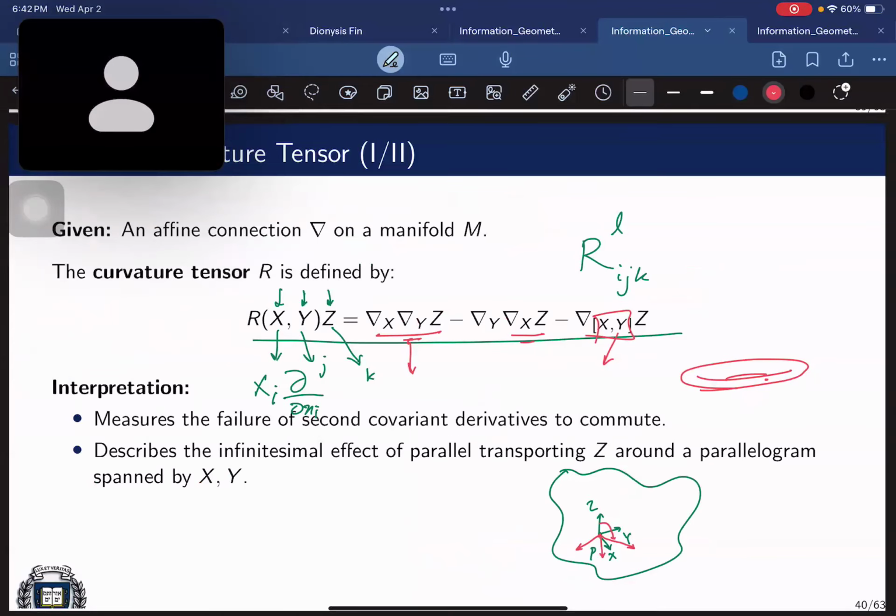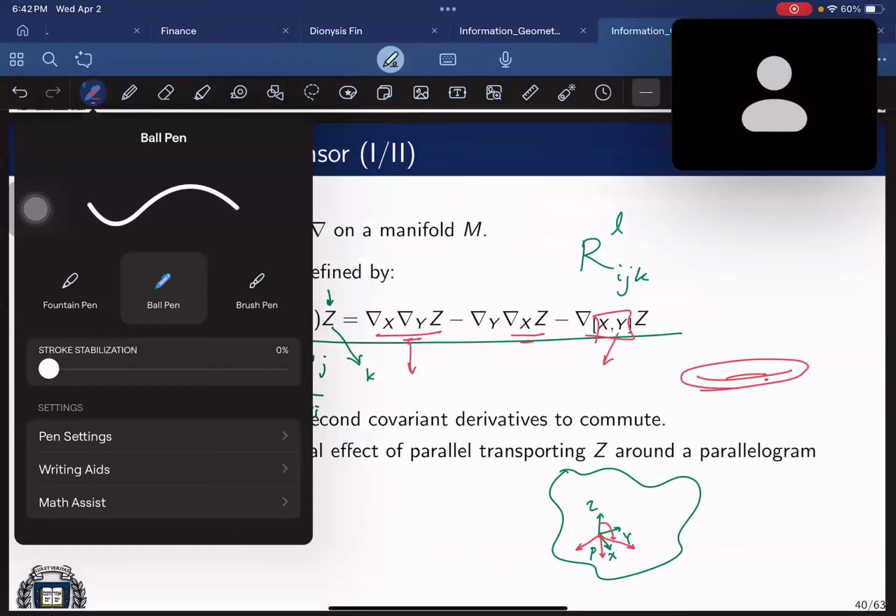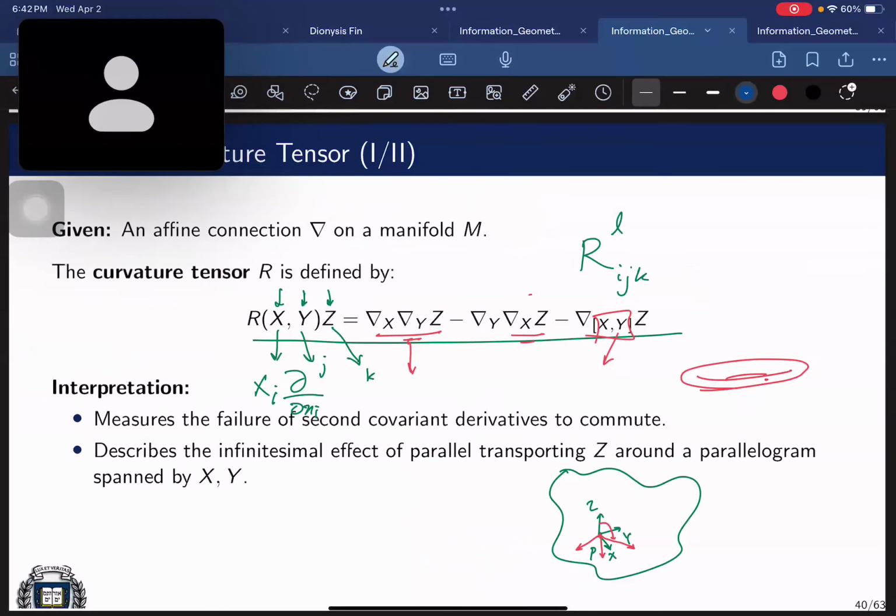I hope I gave enough intuition behind this complicated definition of curvature. But again, at each point, it's better to define curvature. So the curvature at each point is defined with respect to the affine connection I have.